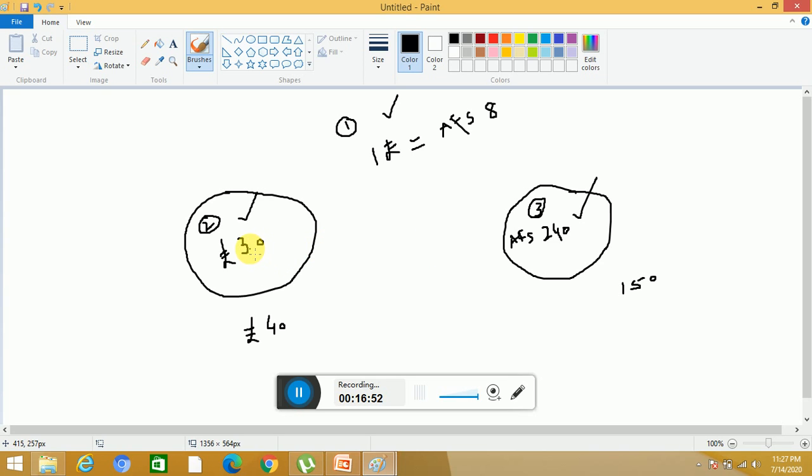power parity. Now convert this 240 Afghanis to pounds. 1 pound is equal to 8 Afghanis, so divide it by 8. So we get 30 pounds.